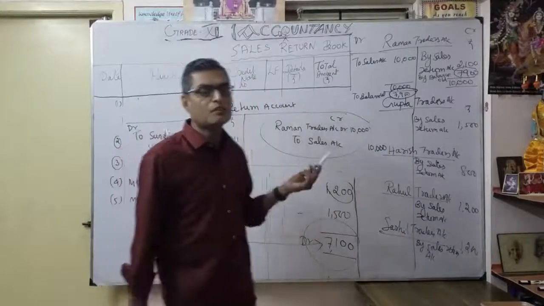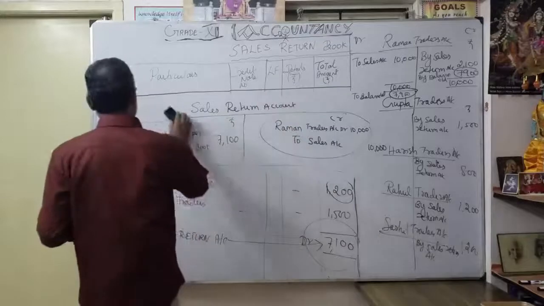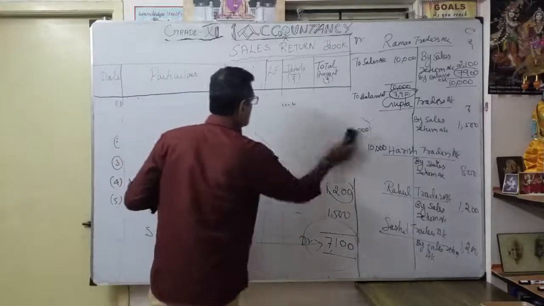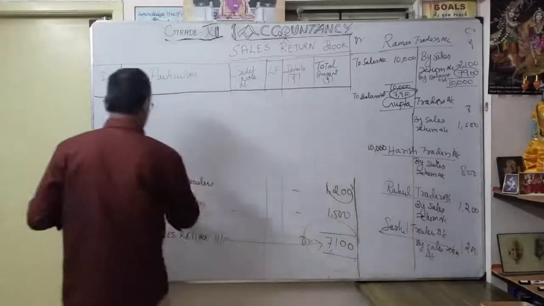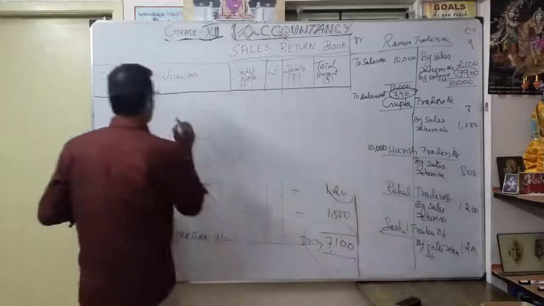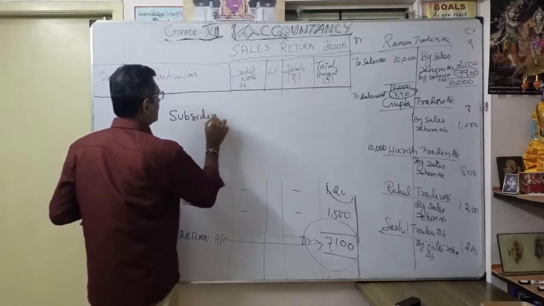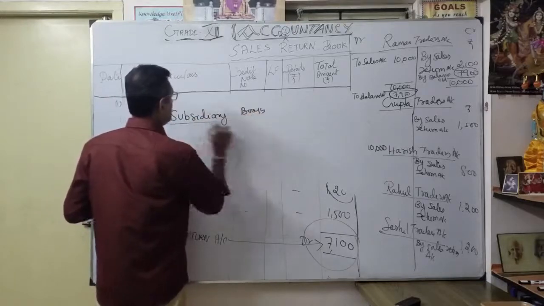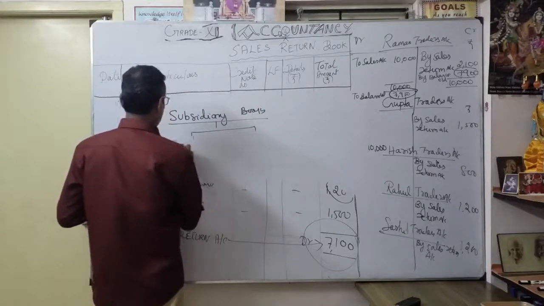What are subsidiary books? The cash book, the collection of all these books, is called subsidiary books. Under subsidiary books, as you know, the first one is the cash book.